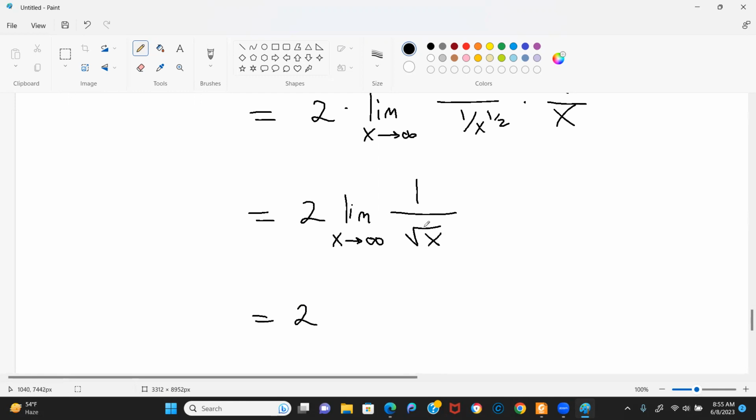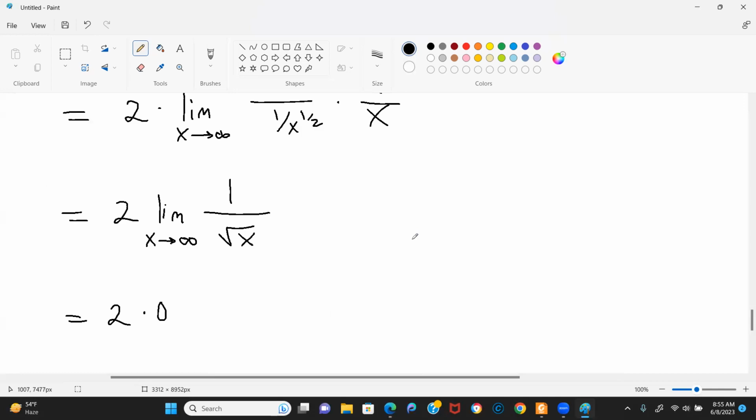And now this is going to be 0. It's just a general fact that when you have 1 over x to a power and you let x go to infinity, and that power is a positive number, then that is going to go to 0. So maybe I'll just write that down.